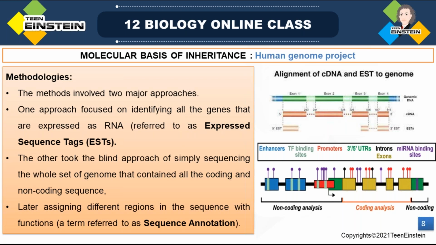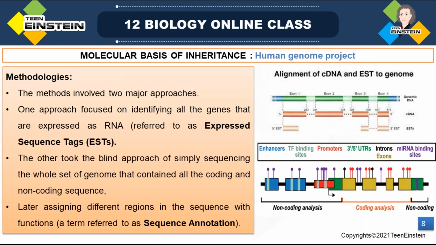In this method, it is actually a blind approach. Why are we saying that? Because in the sequence annotation method, the whole genome is sequenced. In EST, only the genes which are expressed as RNA are considered.